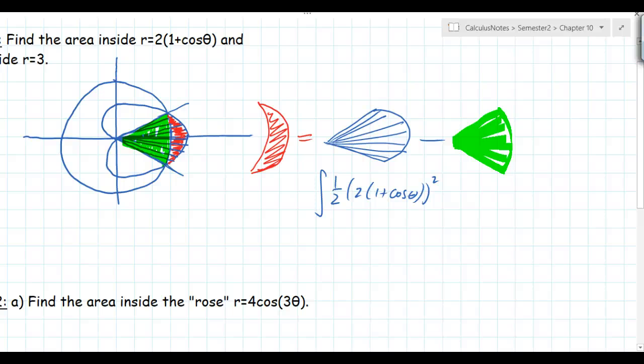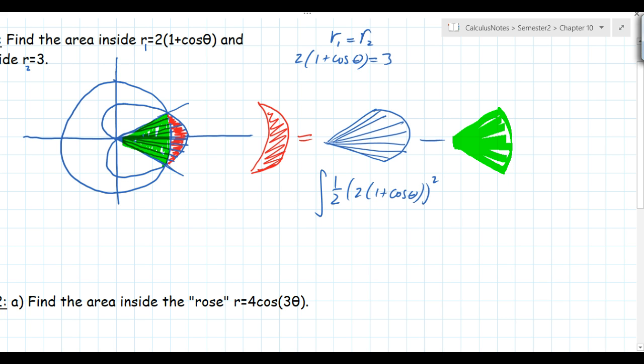And polar curves intersect when their radius and angle coincide. And so in order for these curves to cross each other, their radii had to be the same. And so if we call the cardioid R1 and the circle R2, then we want to know when is R1 equal to R2. When is 2 times 1 plus cosine theta equal to 3?